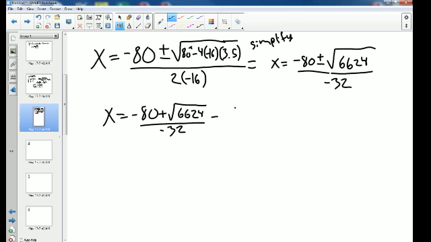This equation is going to be x equals about negative 0.04.